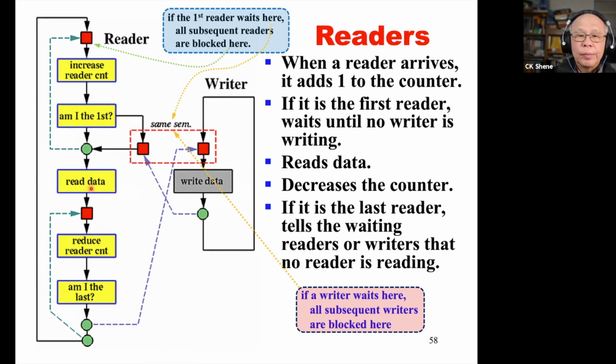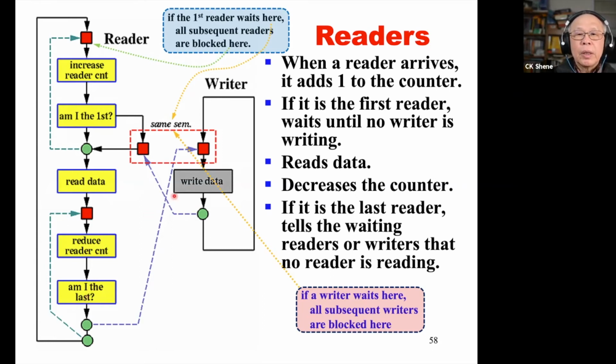That reader must decrease the reader count. So lock the reader count, reduce the reader count, and then am I the last? And so on. This will be discussed later.